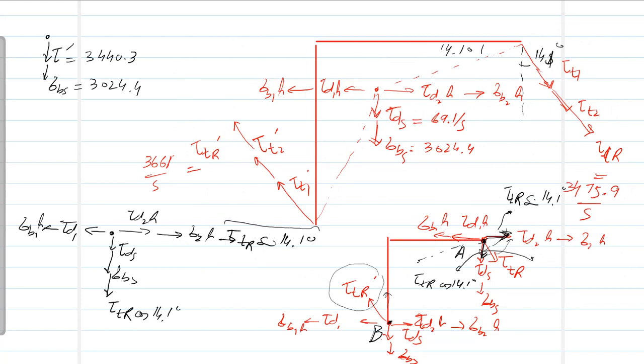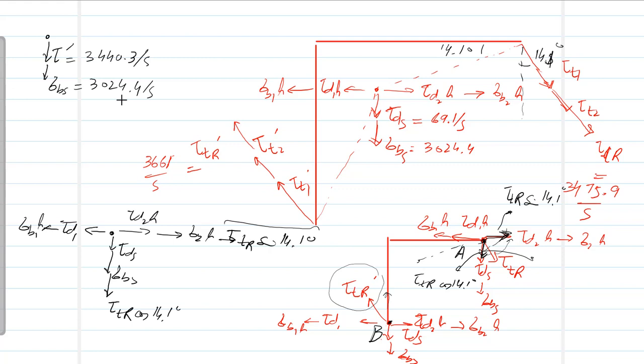Tau tr is 3475.9 into sine of 14.1 degrees, that is 883.9, minus what is tau d1.